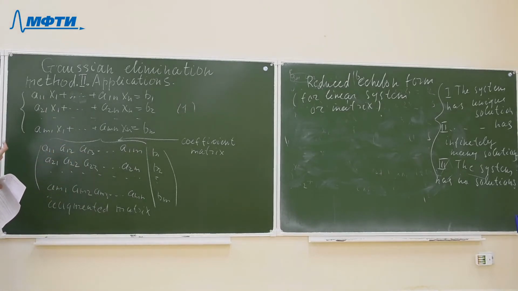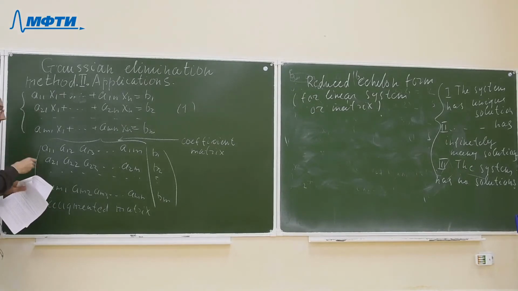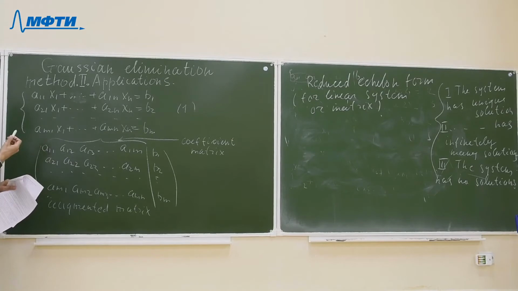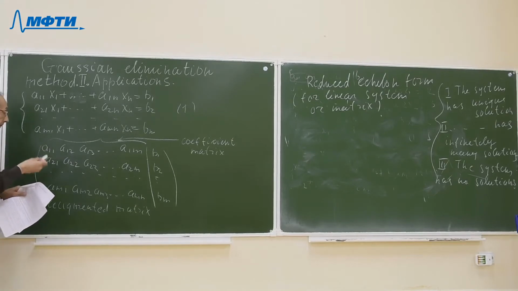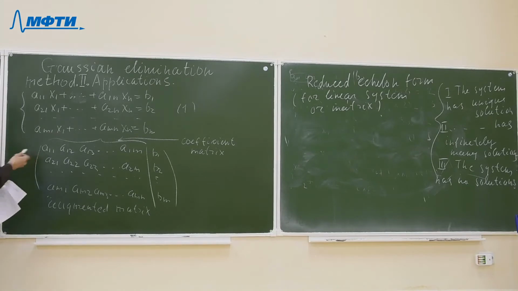We also use two indices. The first index is the number of the linear equation in which this coefficient appears, and the second index is the number of the unknown for this coefficient.